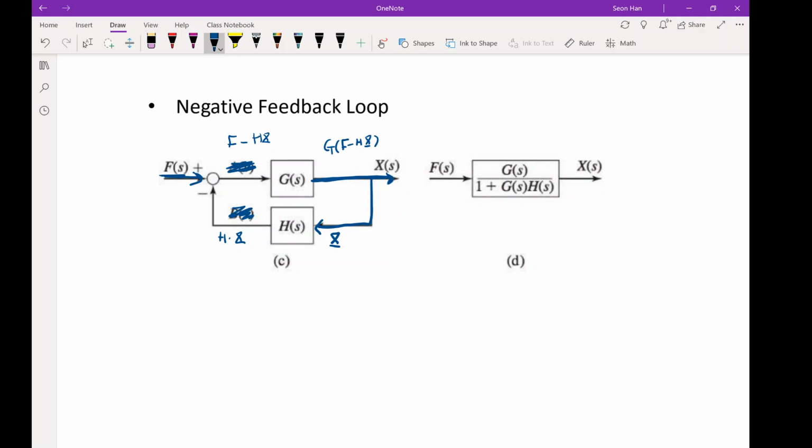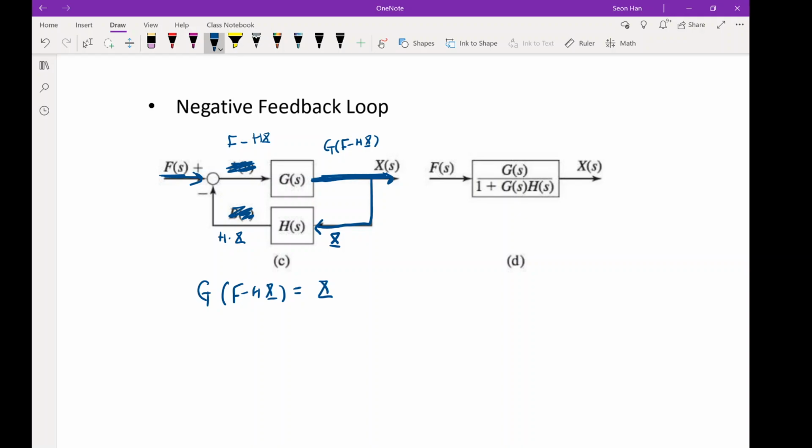So what does that mean? Whenever you give a line two different names, you have an equation to solve. So G times F minus HX is also called X. One thing to note is that you don't keep going round and round multiple times.